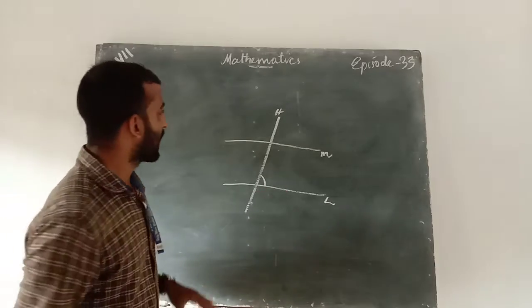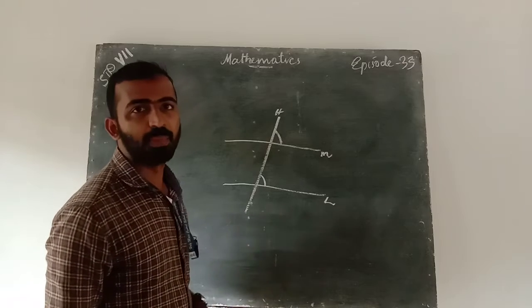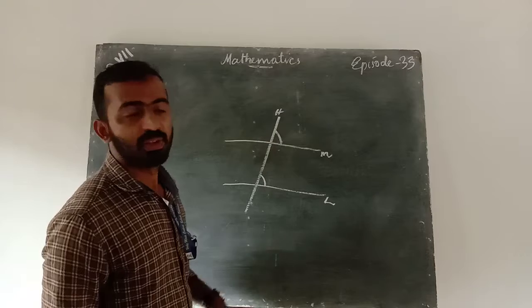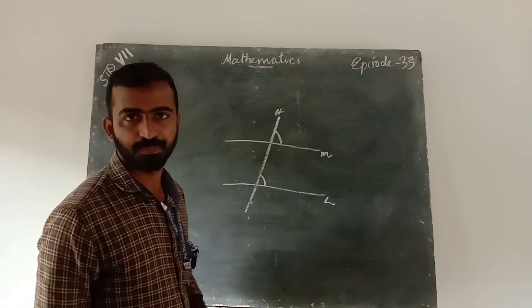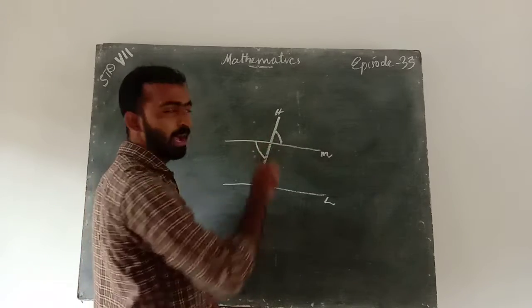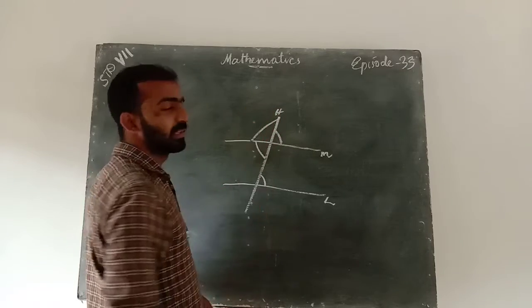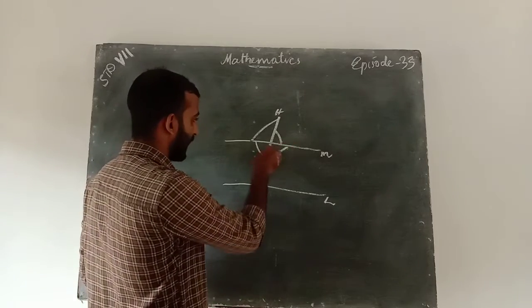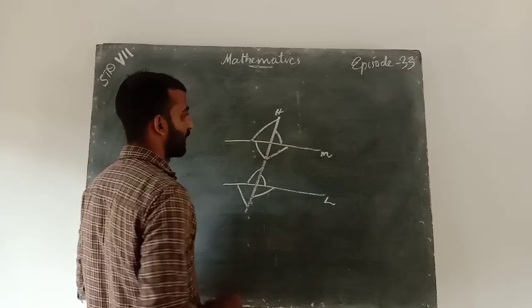Yes. Here also an angle is making, is it? The transversal line makes an angle with M here, and here is also an angle, and this is also an angle.